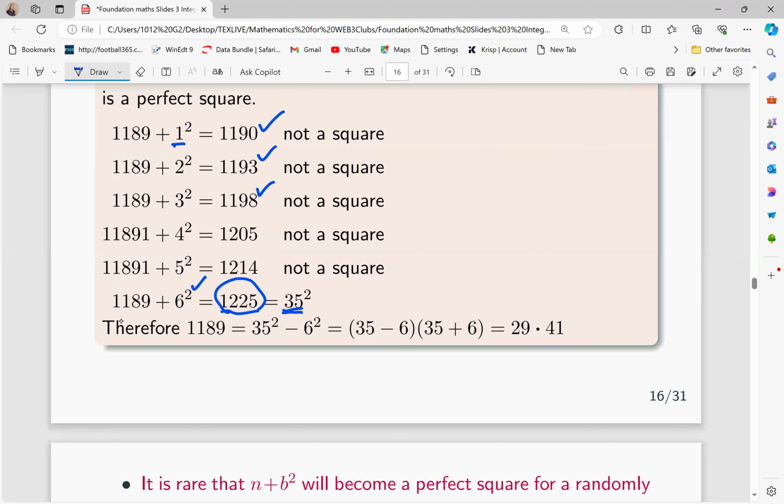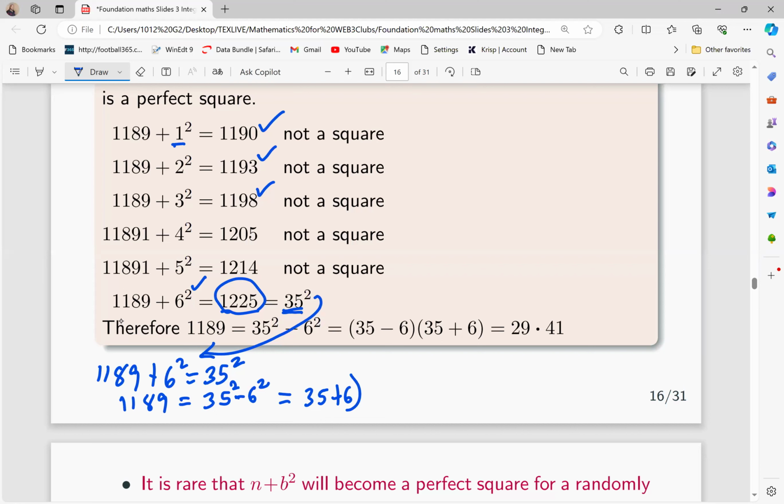Once you stop there, you now find your factors. 1189 plus 6 square has given us that 35 square. What about when we take 6 square to the other side of the equal sign? That 35 square minus 6 square is just 35 plus 6 when you factorize, multiplied by 35 minus 6.